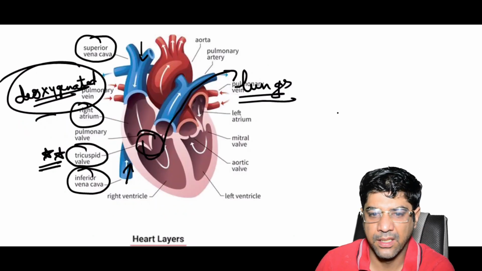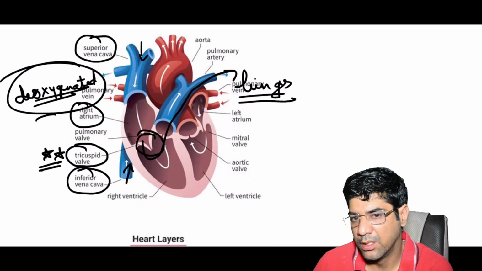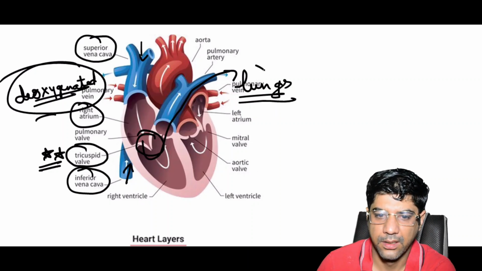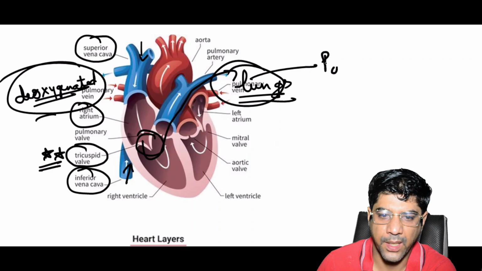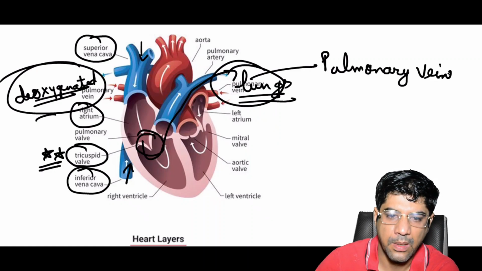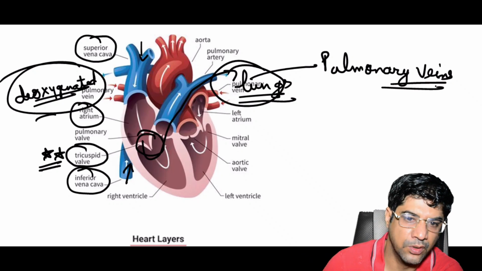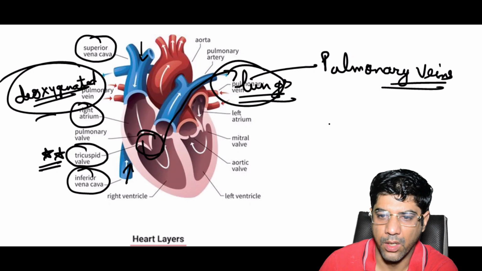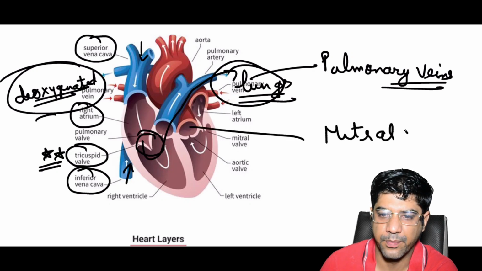It receives the oxygenated blood from the lungs through the pulmonary veins. The blood passes from the left atrium to the left ventricle through a valve known as the mitral valve, or by its other name, the bicuspid valve.